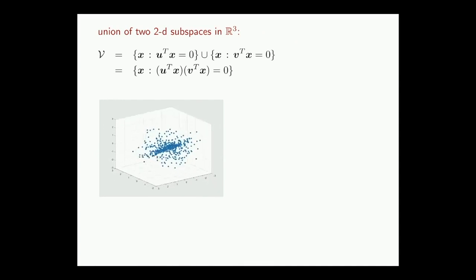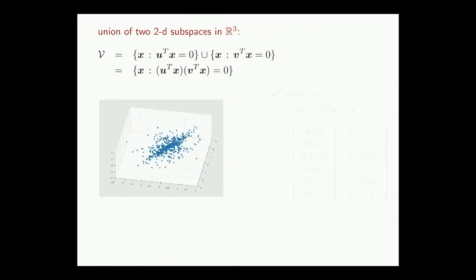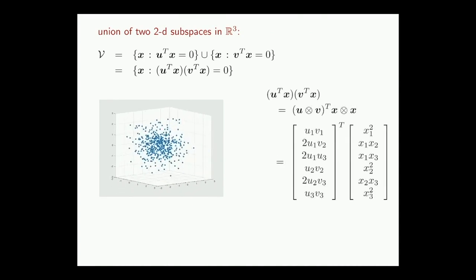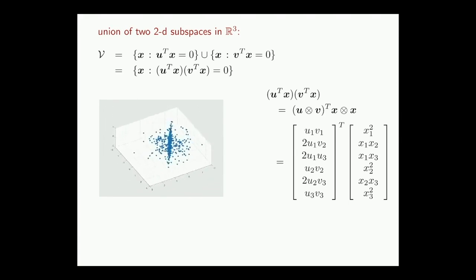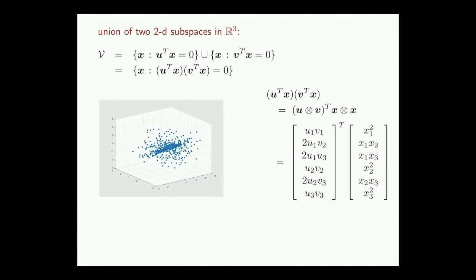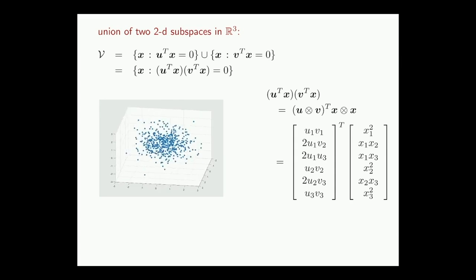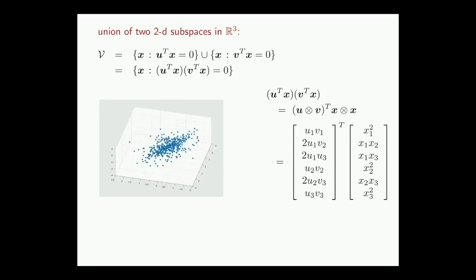So here's a picture of just 2 random 2-dimensional subspaces in R3. The 2 subspaces are defined by 2 equations, U transpose x equals 0 and V transpose x equals 0. So the union can just be written as the product of U transpose x times V transpose x equals 0. That's what those points need to satisfy.